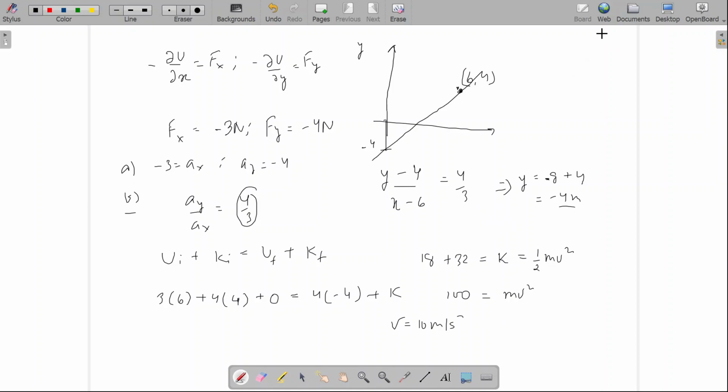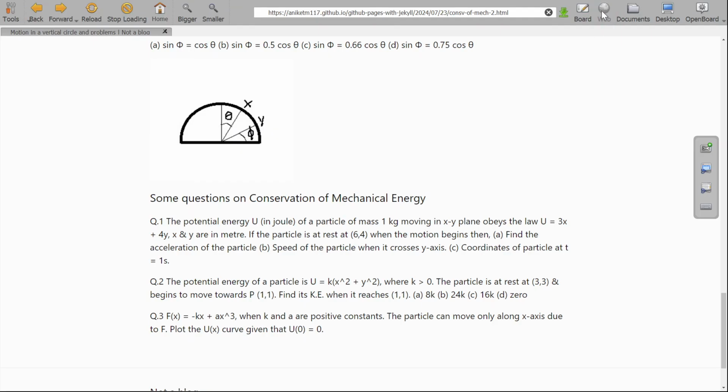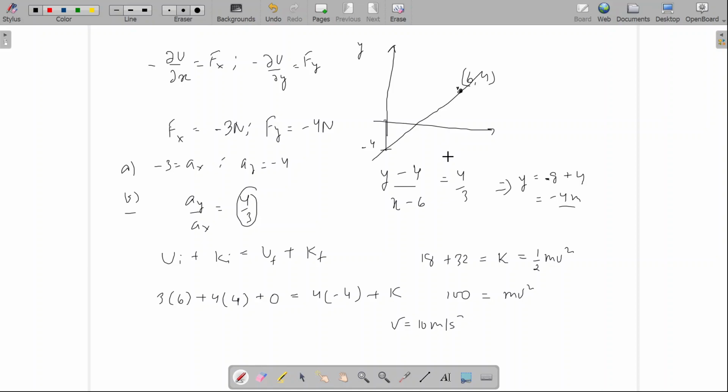Next, we are asked what is the position of the particle when the time is 1 second. So what will be the position of the particle after 1 second has passed? So this we can calculate using x is equal to 6 minus half, acceleration in x direction is minus 3, into 1.